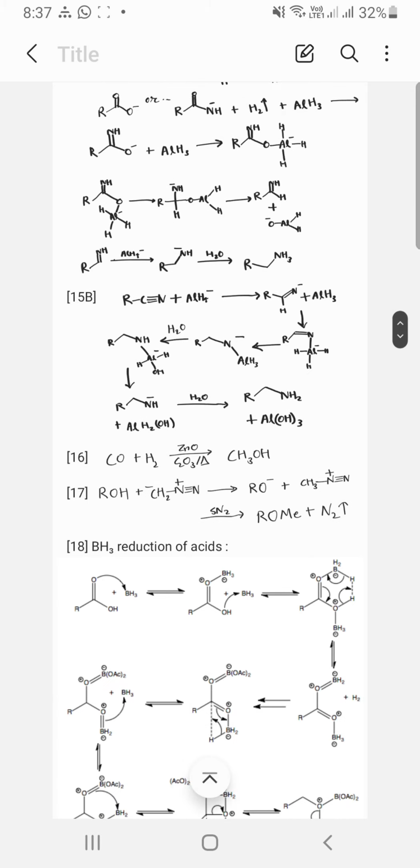Cyanide plus AlH4, straight away it's a very straightforward mechanism. Okay, cool. So depending on how many equivalents of H4 you are going to add, it will do different things. Wait, what? Okay, this is just one AlH4 that was required.